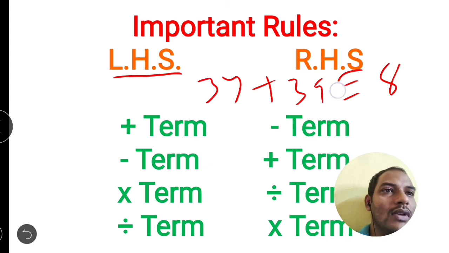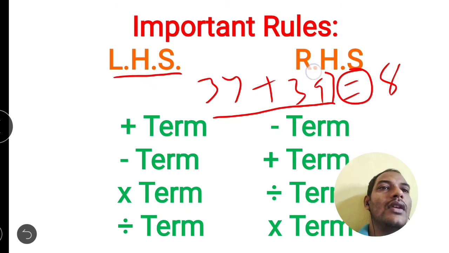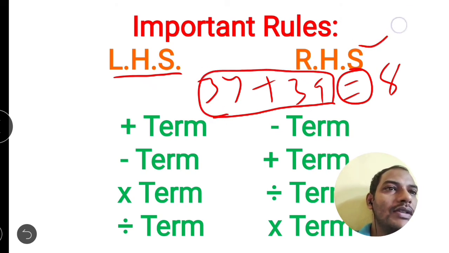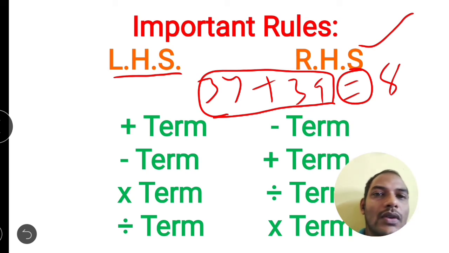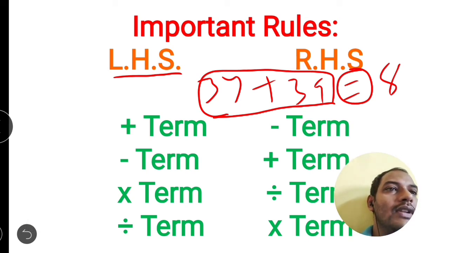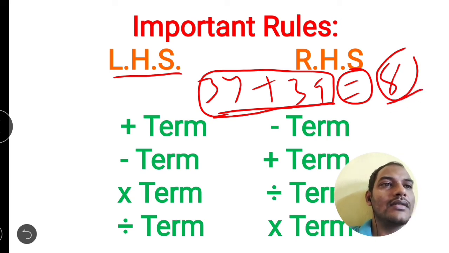So here is the equal symbol, and on the left hand side, 3y plus 39 is called the LHS. Next, RHS is the right hand side of the equal symbol, that is 8. So 8 is called the RHS. So 3y plus 39 is the LHS and 8 is the RHS.